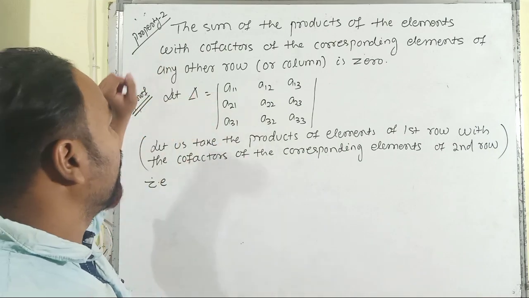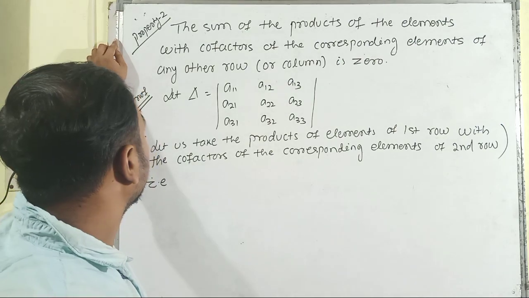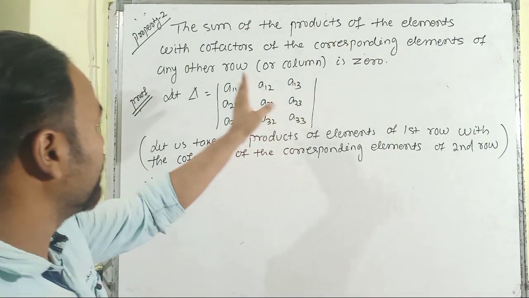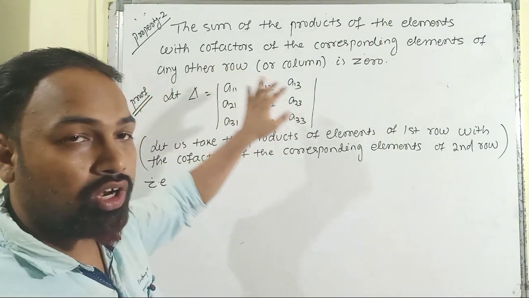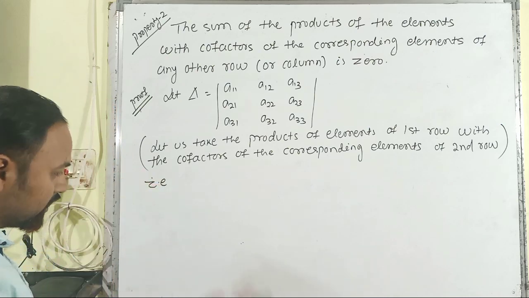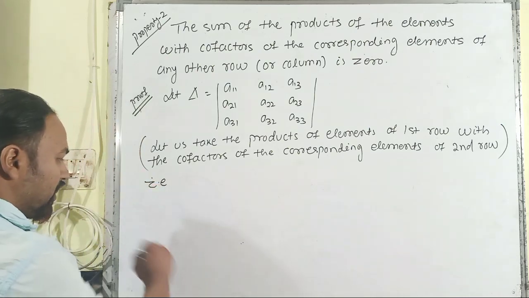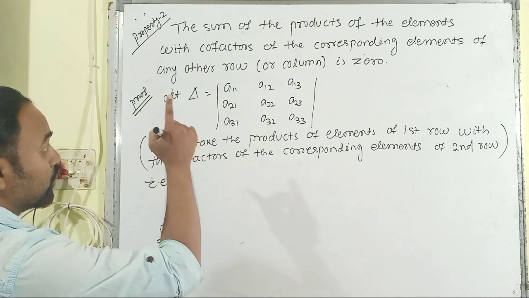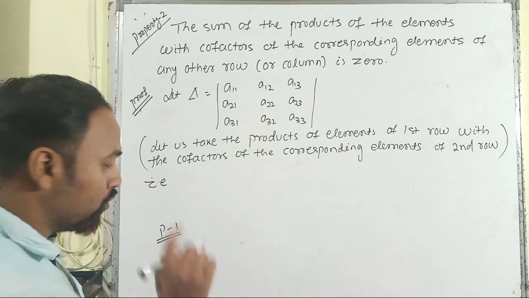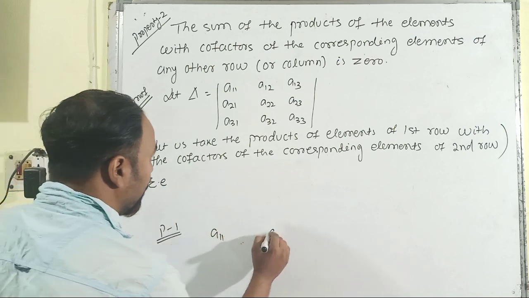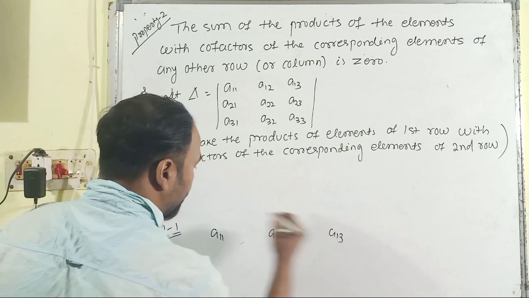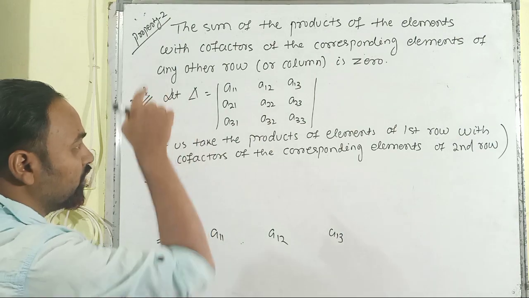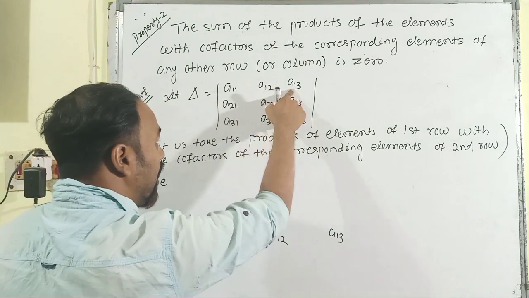So here it is property number 2 of the properties of determinants. The sum of the products of the elements with the cofactors of the corresponding elements of any other row or column is 0. Okay, let us discuss the first property again. From property number 1, we know the sum of the products of the elements of any row, suppose I have considered A11, A12, A13, then we multiply the cofactors of the corresponding A11, A12 and A13.